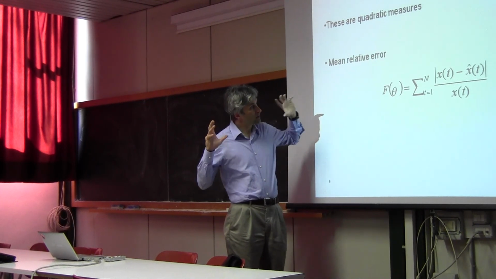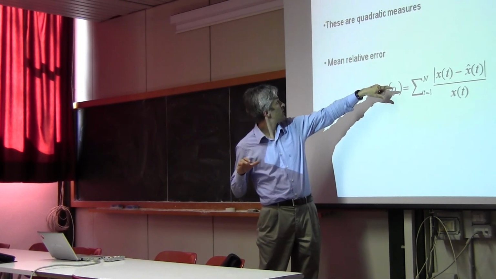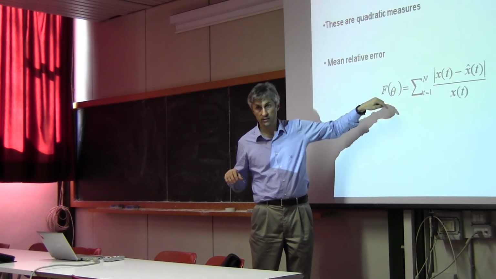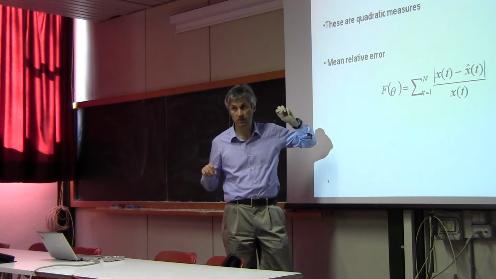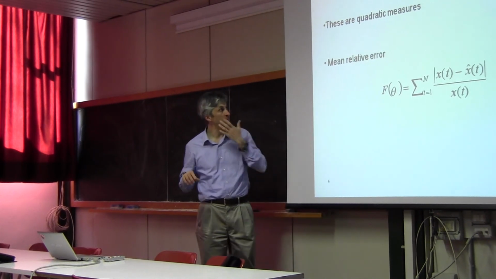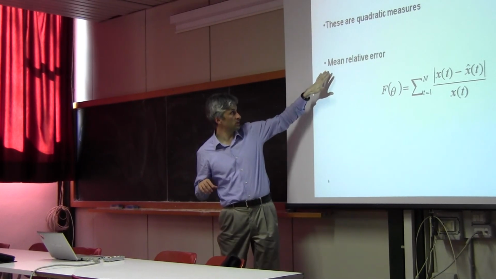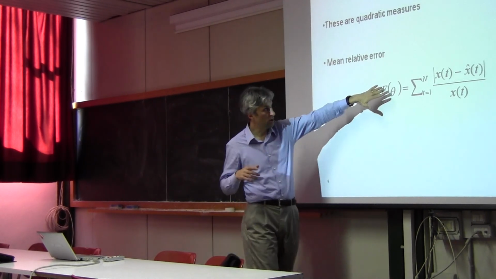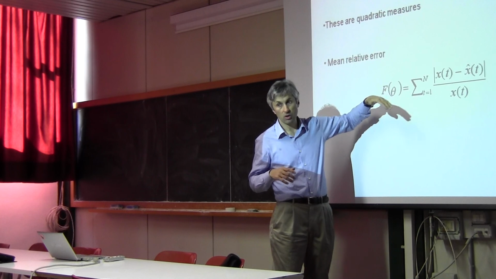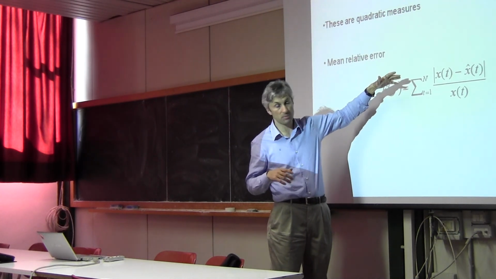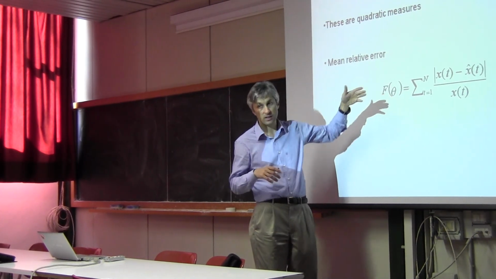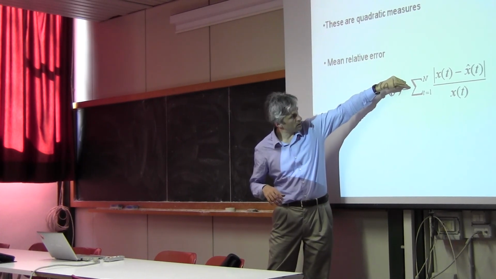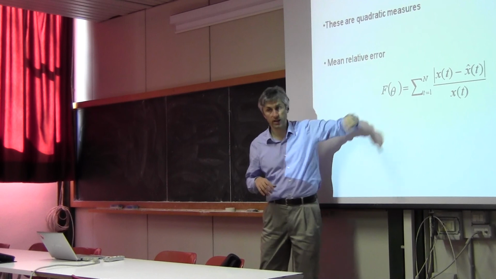In order to get the mean absolute relative error, you should divide by n, the number of observations. This would be a scale parameter, because in order to get an indication of the mean, of course, you have to take the summation of all the absolute relative errors, but you should divide also by n. So you could put here a 1 over n.